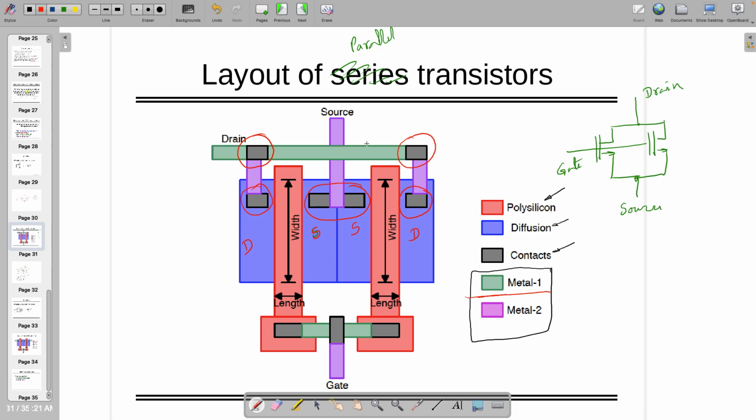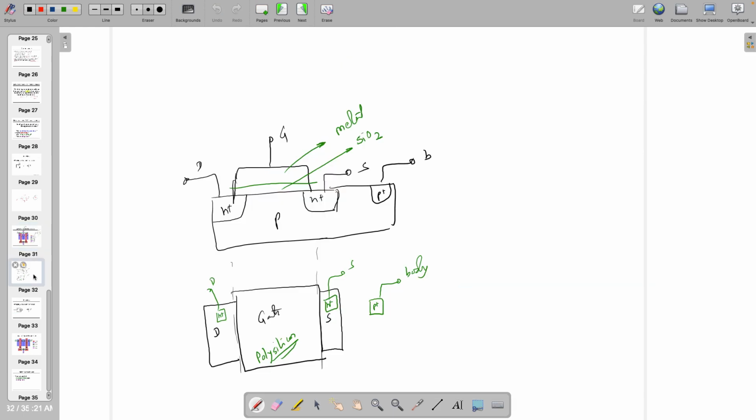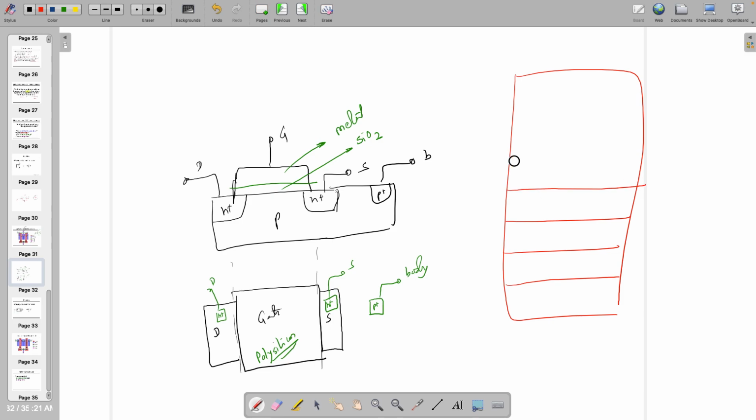On different layers means you just imagine a building where, let's say, 10 floors are there, different floors. Connection between one floor to another floor, let's say it's connected by a ladder, and all these stairs are treated as contacts, which is connecting from one floor to another floor.